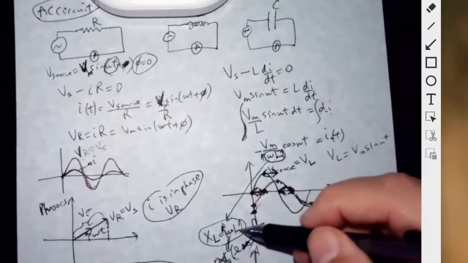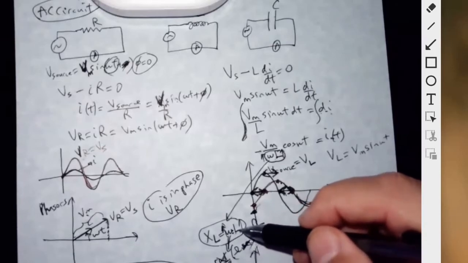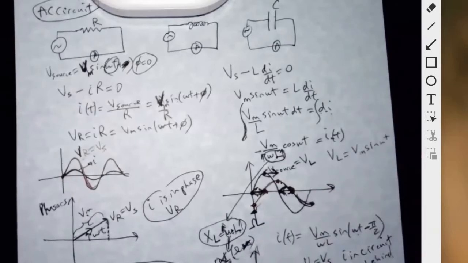So if you're an inductor, if the omega is high, you resist too many changes, you start protesting against that change by not wearing masks or whatever, you know.